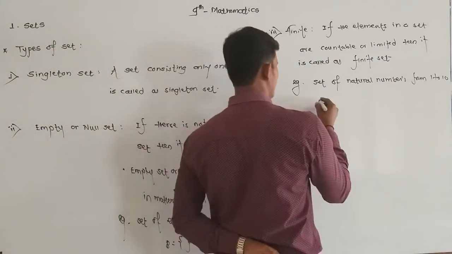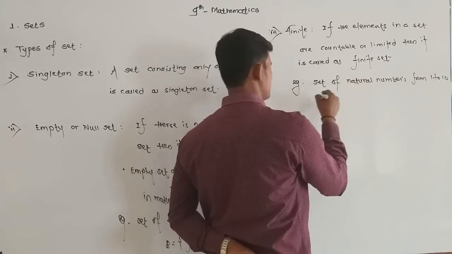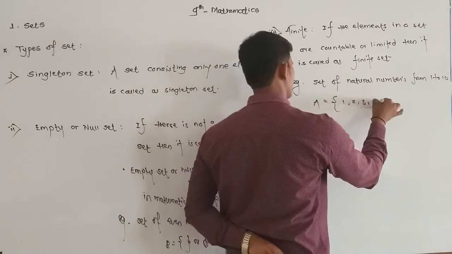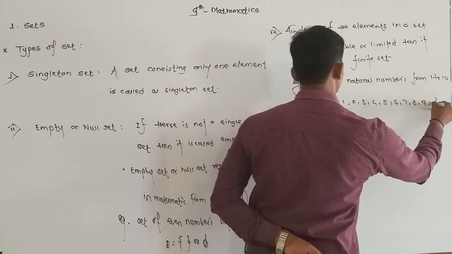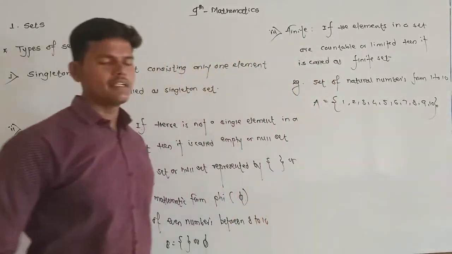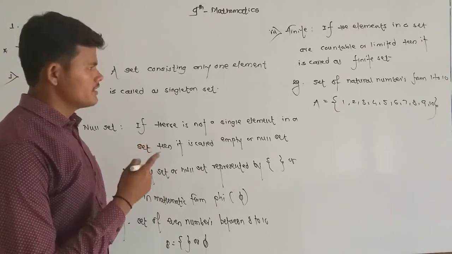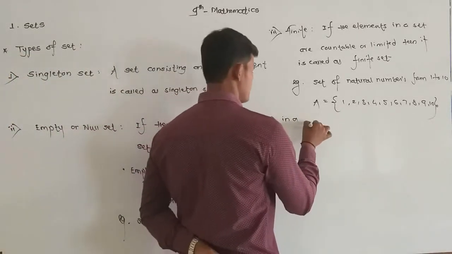So we count the natural numbers from 1 to 10. There are 10 elements in the set. That means we write the set as 1, 2, 3, 4, 5, 6, 7, 8, 9 and 10. So elements in a set are countable or limited. That's why it is called a finite set. Okay, let's take another example.